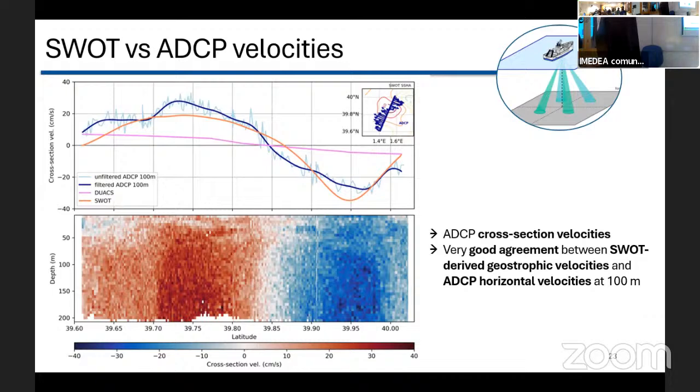Then, to compare that with the velocity that SWOT and DUACS give us, we can again interpolate onto the same transect and make these comparisons. Here again we can see how SWOT in orange and the ADCP in blue, at a level of 100 meters, are in very, very good agreement in comparison with DUACS.